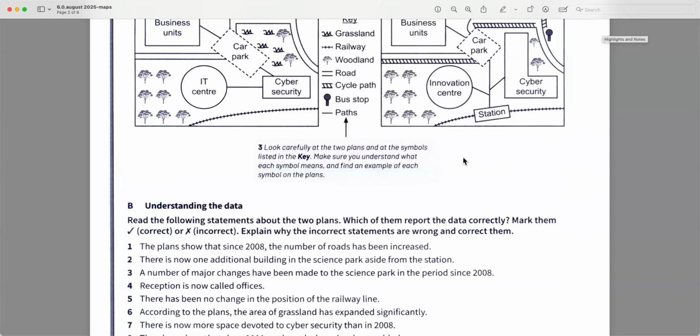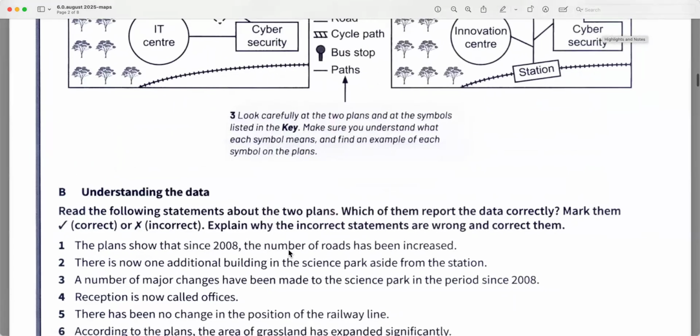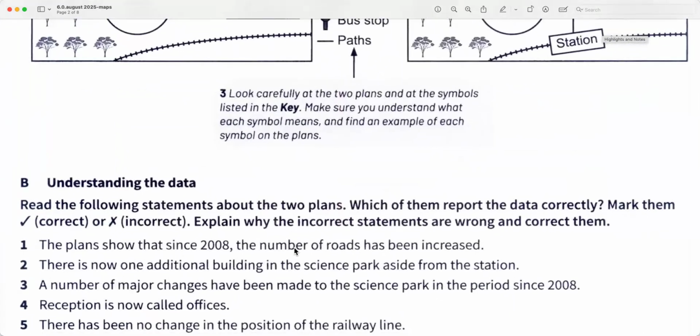Okay, now let's check together. Ngọc, can you read aloud number 1? The graph shows that since 2008, the number of rows has increased. Sorry, you mean it's incorrect? Why is it incorrect?